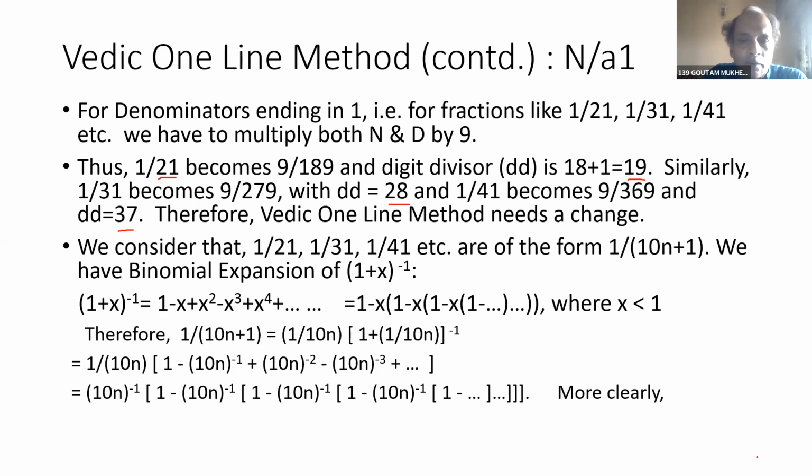If I take common, it is 1 minus x, and again 1 minus x, 1 minus x. This minus multiplied by this minus becomes plus, so it becomes x square. When this comes to 3 numbers of x, it becomes minus x cube.